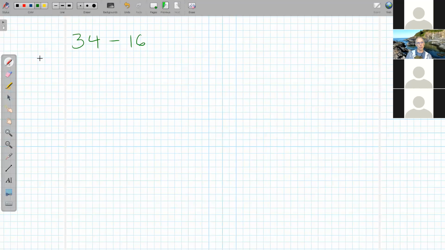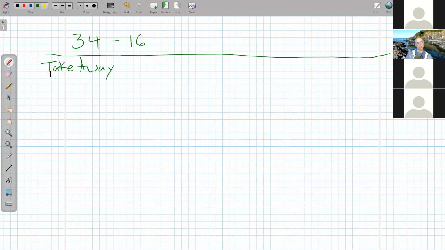So we're going to write some stories and draw some pictures. What we want to do for this is the takeaway model. With the takeaway model, we want to come up with a situation where things get taken away. So write a story, and then we want a base 10 picture of this.